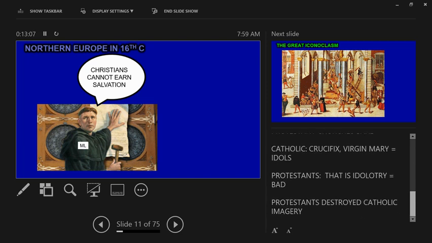And so the Protestants tend to think of the sculptures that are common in Catholic churches as idols. And if people are worshiping these sculptures, you're worshiping idols. And so that leads us to idolatry, which is bad.